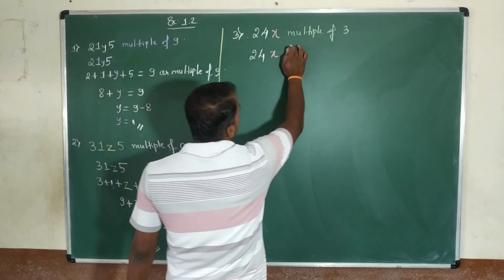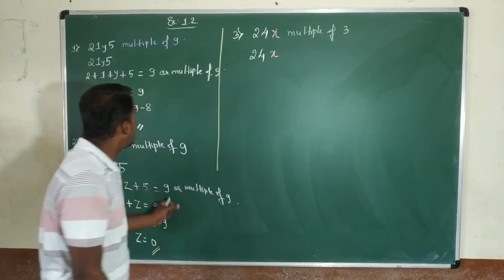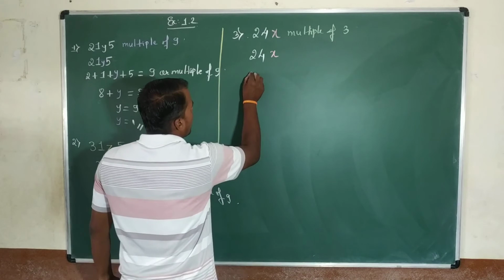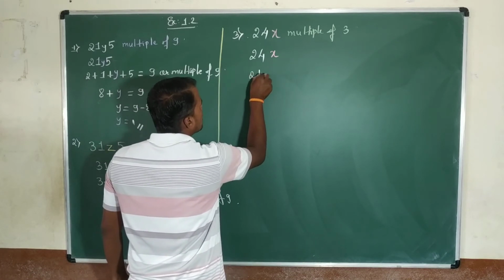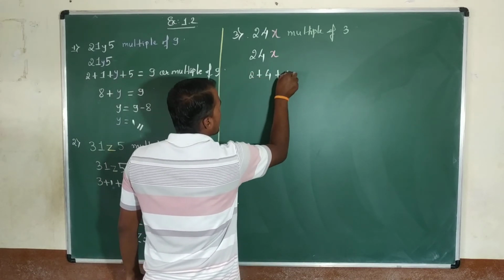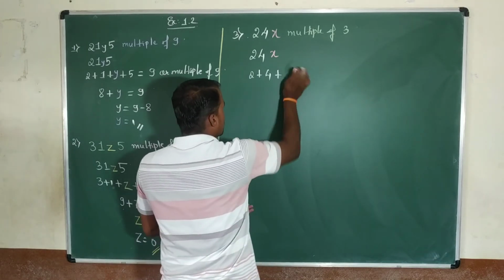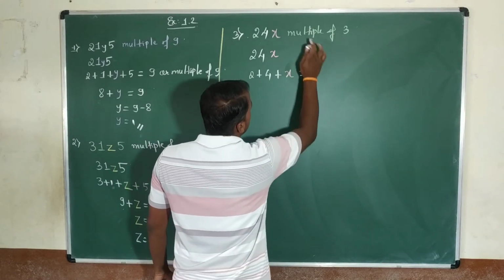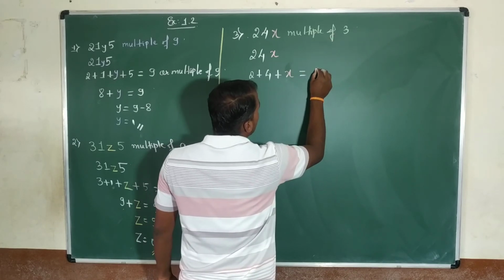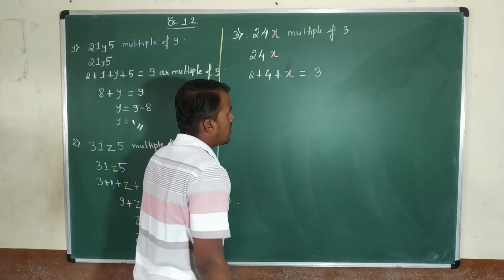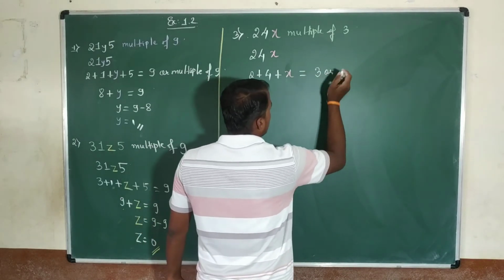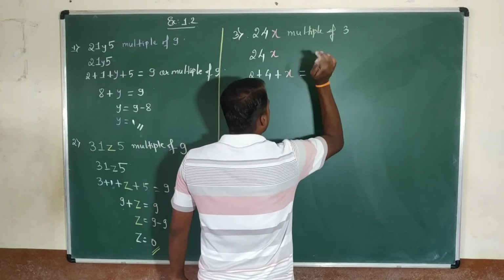The rule of divisibility by 3, the same rule is there, as for divisibility by 9. So we write that 2 plus 4 plus x is equal to, it is a multiple of 3. Means first we write here 3.